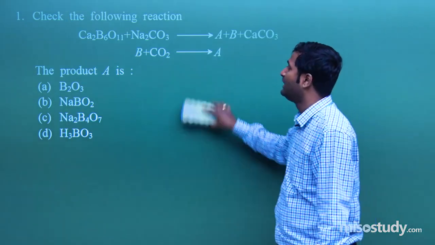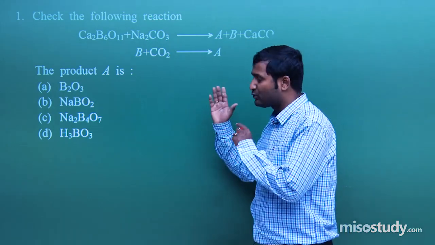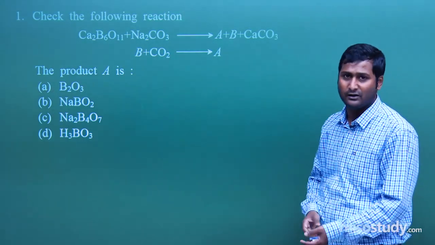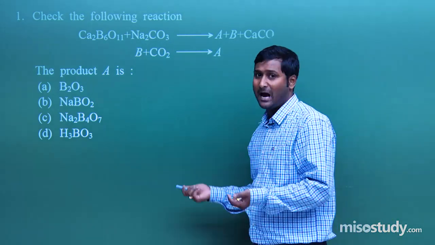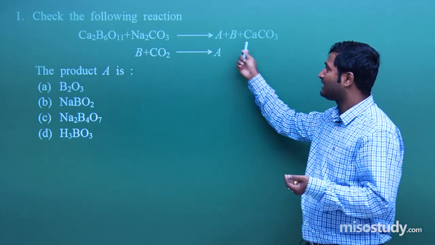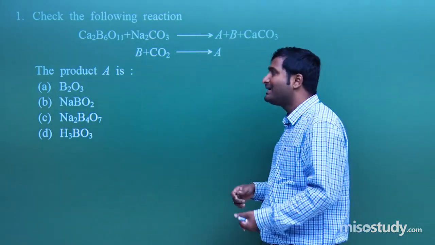Otherwise it's not possible to solve such kind of question. No special trick is there. You have to memorize, you have to build a solid concept. The reaction happens, what is the mechanism you can say, but the product never changes. Clear? Now let's move to the next question.